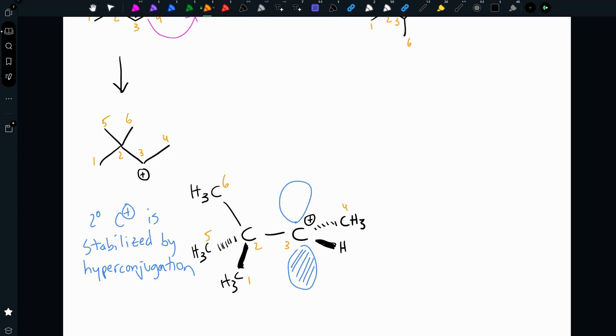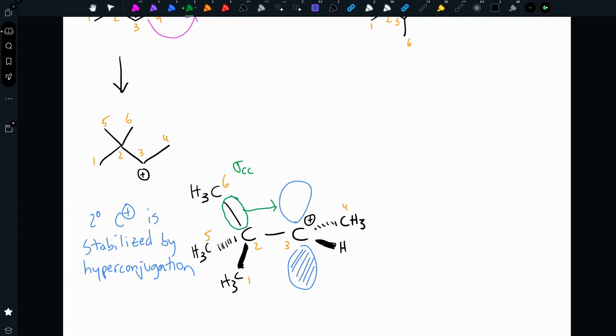So those are my carbons. Now remember, we said hyperconjugation was donation from a neighboring sigma bond. So for instance, here I have a sigma CC bond, and it can be donating into the empty p orbital. That's hyperconjugation.